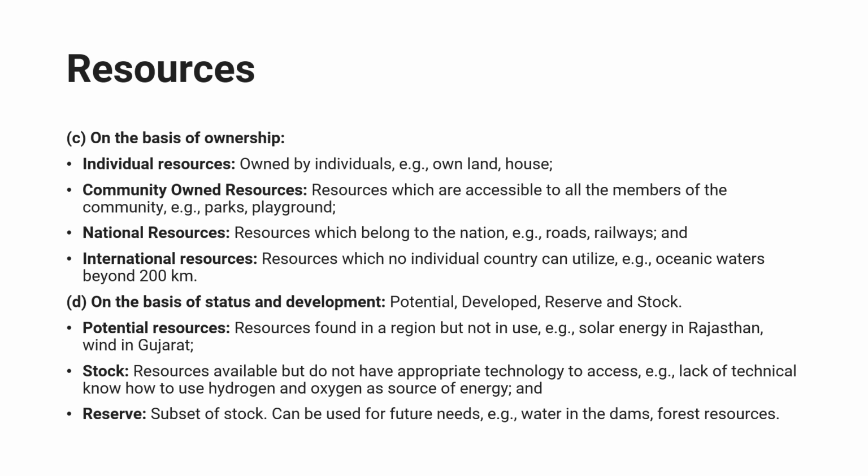Stock: resources available but we do not have the appropriate technology to access them, for example, lack of technical knowledge on how to use hydrogen and oxygen as a source of energy. And the third type is reserve, which is a subset of stock. It can be used for future needs, for example, water in the dams, forest resources, etc.